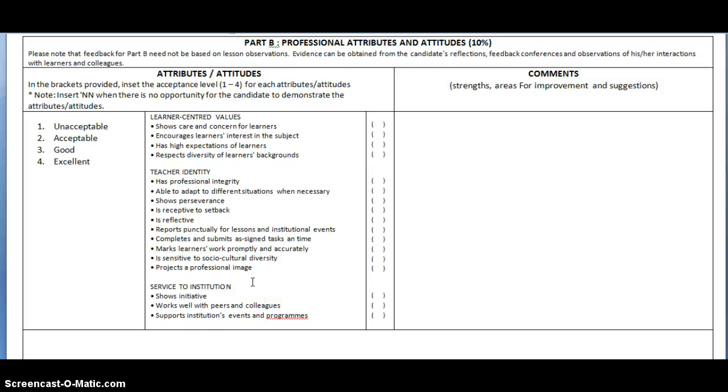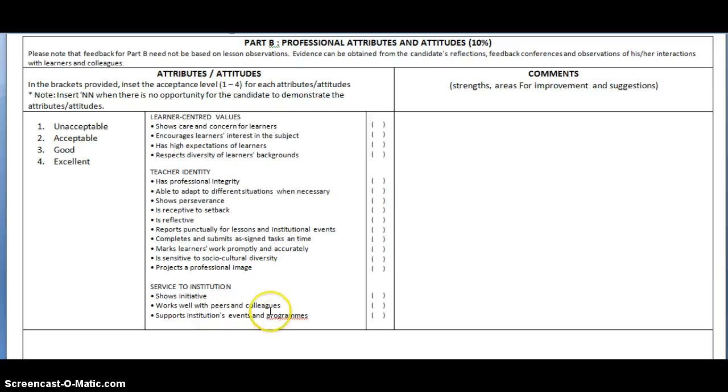Now, service to institution. Alright, shows initiative. Remember the vision and mission of Taylor's Uni. So, you know TGC. Alright, so show initiative that you are putting TGC into your teaching and learning. Works well with peers and colleagues, supports institution's events and programs.